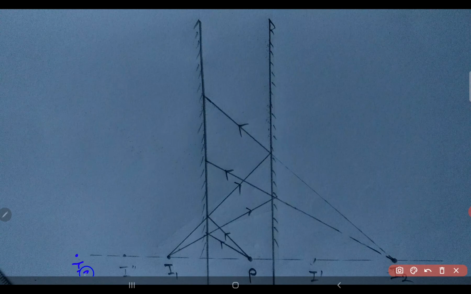From that, using the ruler I can produce it forward, and thus I'll get a reflected ray. And from here also I shall draw a dotted line, and touching this line I shall get a reflected ray. This is not required actually, we can draw till here also. Now I hope you have understood the diagram, and now we can go to the second special case.